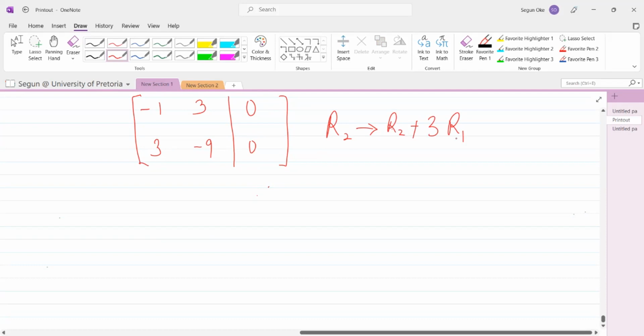Okay, do we all agree? Let's try it. Meaning that our R1 will remain -1, 3, 0.